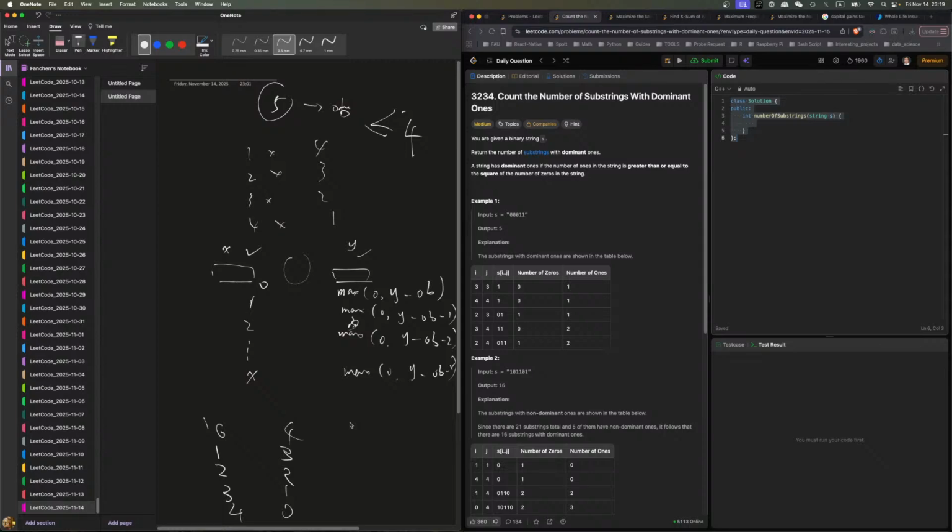So the number to add decreases. Number to add decreases. And then add nothing. At a certain point, you cannot add anything.